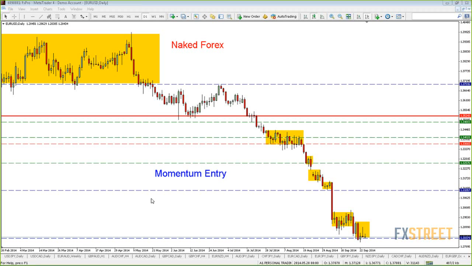Retracement is just more of an aggressive return against the trend, but essentially a consolidation is going to be mixed candles. So they're going to be up candles and down candles, so there'll be different colors like this. If you use black and white candles, they'll be black and white. I like to use green and red. If you like blue and red, then they're blue and red, or pink and green, or whatever you use.